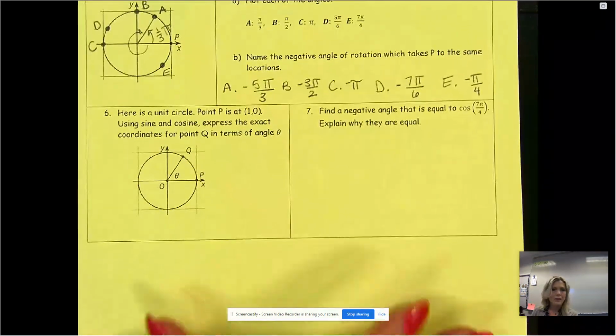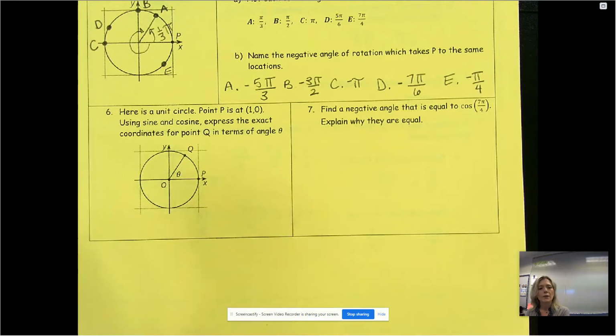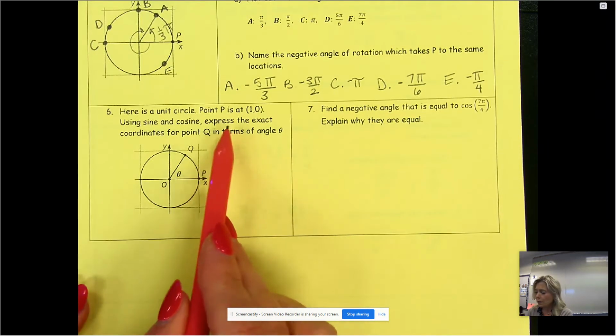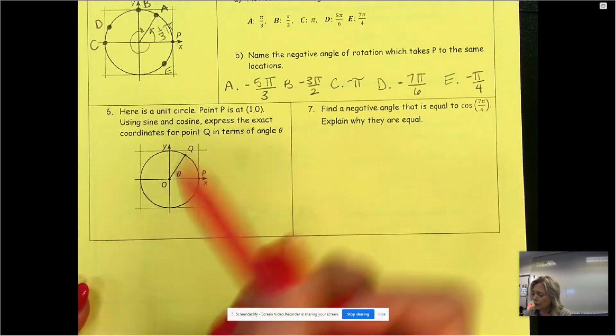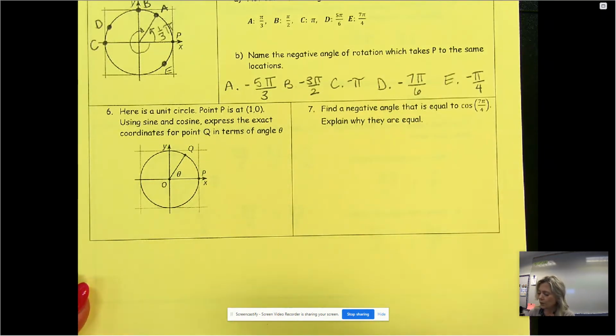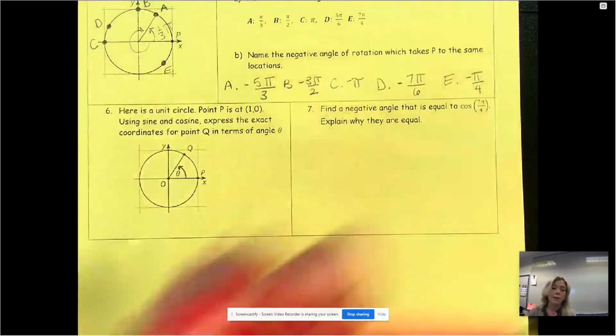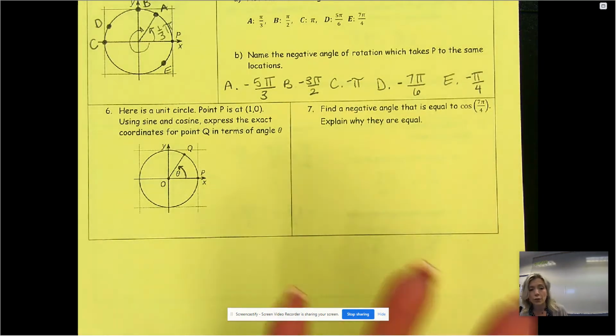Okay, number 6. Point P is at (1, 0). Using sine and cosine, express the exact coordinates for point Q in terms of angle theta. Well, we don't know what this angle is. We can make a guess, but we don't know if we're correct or not.